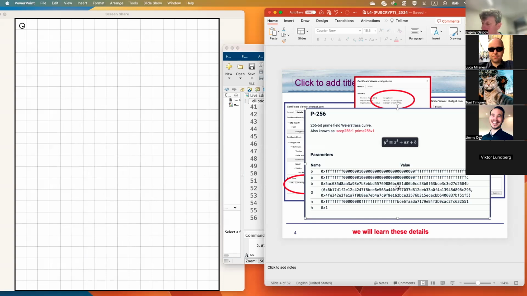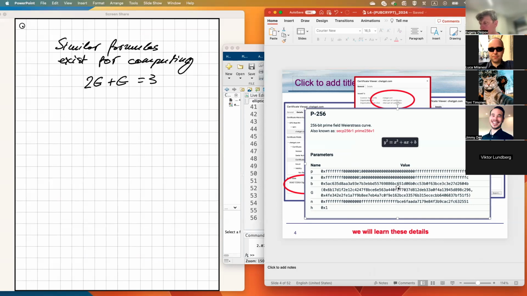Similar equations or formulas exist for computing the following, for example, 2G plus G, which is 3G, right?